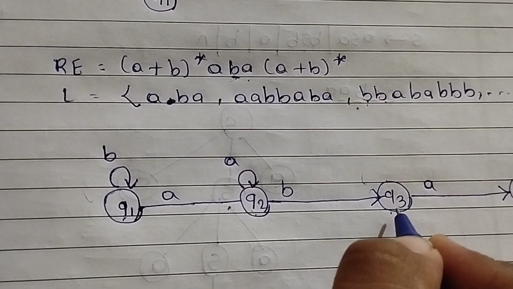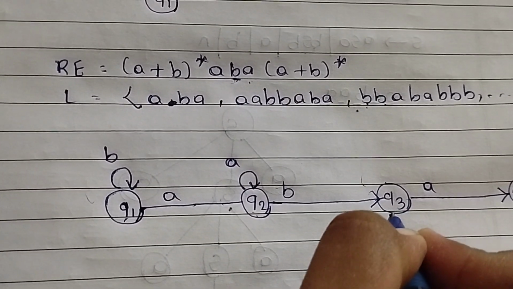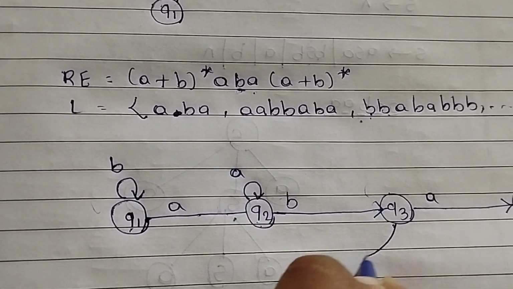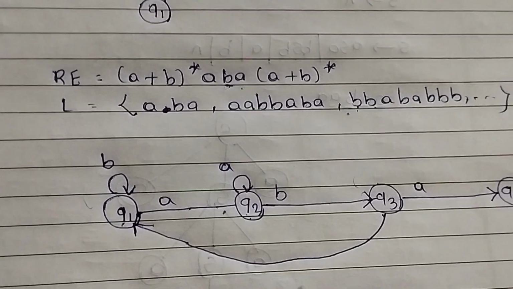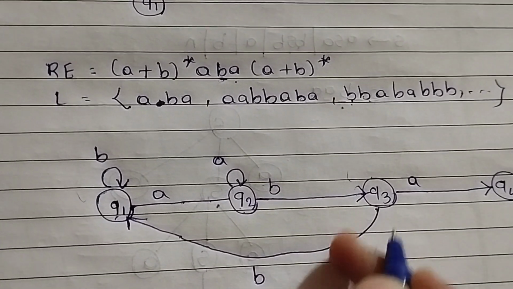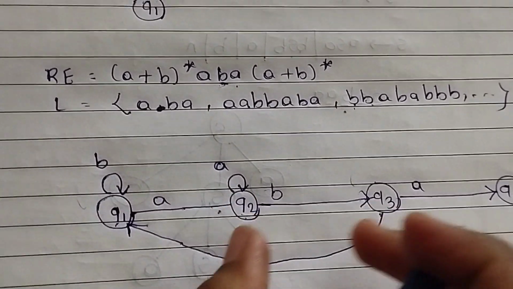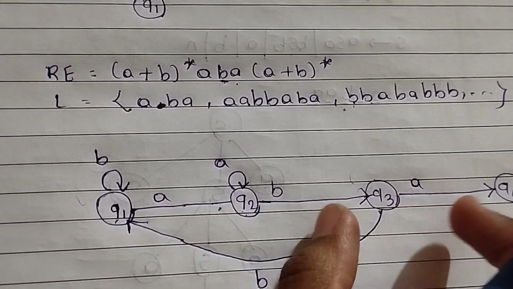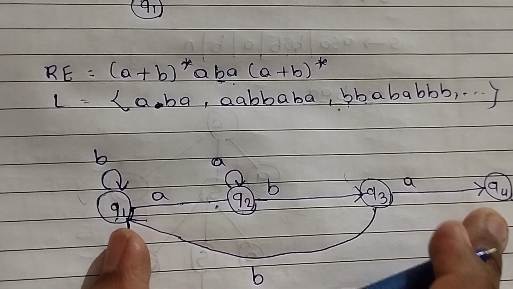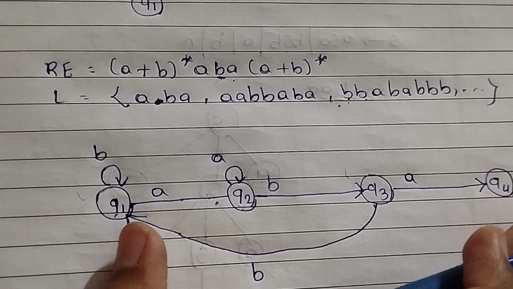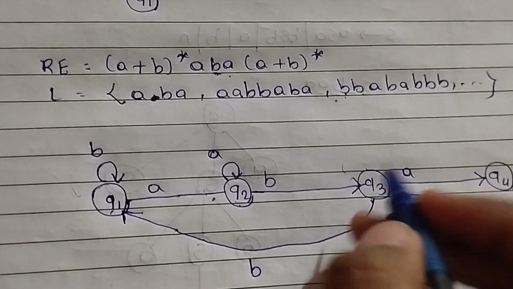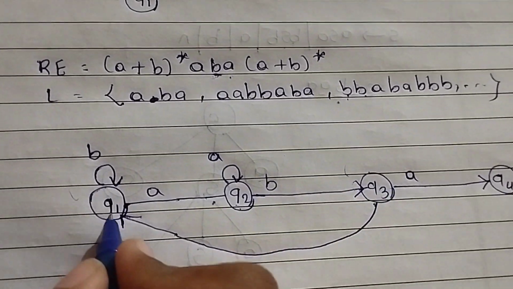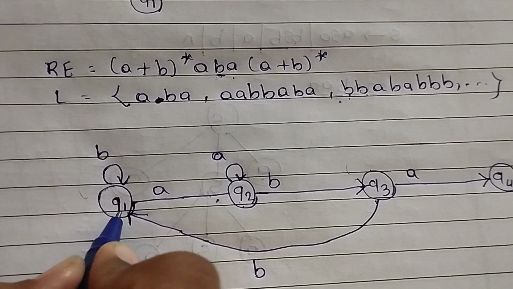What we do is, if B comes here, we transfer this B back to the initial state. Then the ABA rule stays as it is. Only a single B is present here, and if more B's come, we transfer back to the initial state.